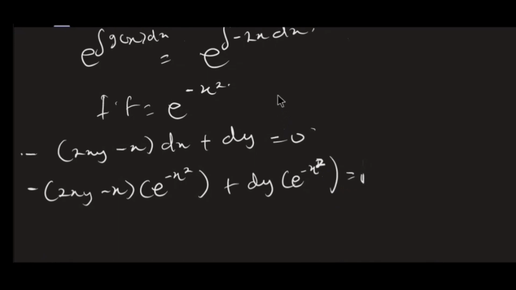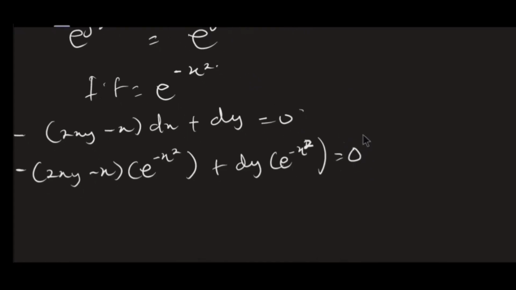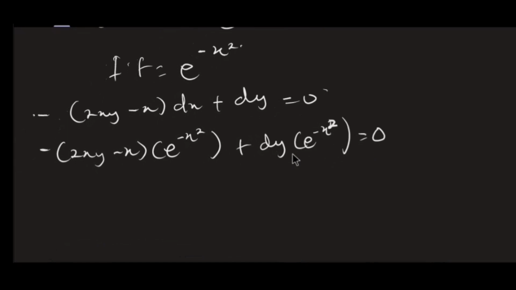So now this becomes the converted exact differential equation of the question given. Once you get your integrating factor, you only multiply through your equation, and now this becomes what we should expect.